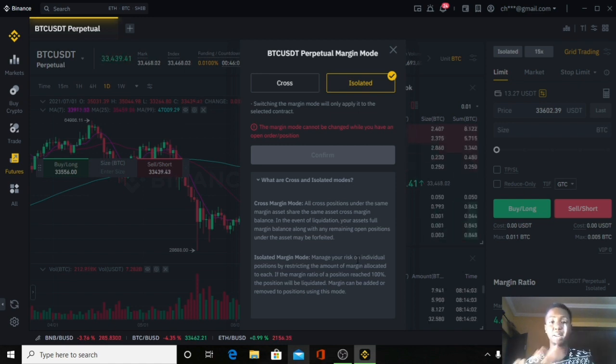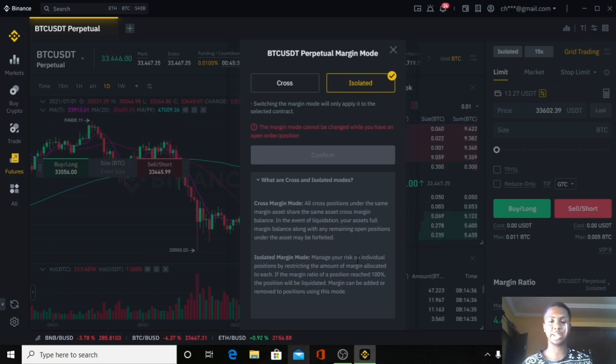But isolated margin helps you manage the liquidation price, because it acts on the amount you use to enter the trade, not the amount in your futures account. That is why I always use isolated mode, because I don't want a trade to go the wrong way and lose all the money in my futures account.